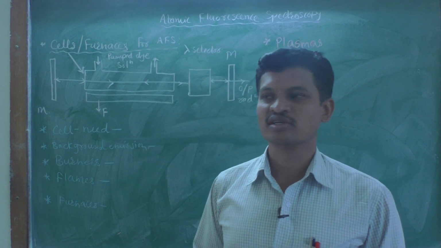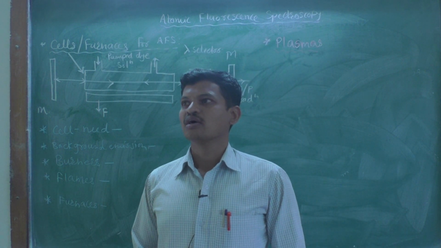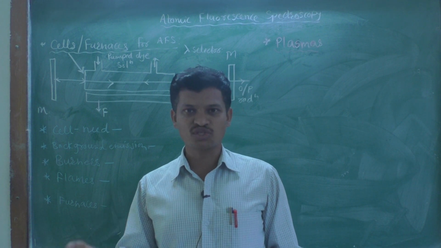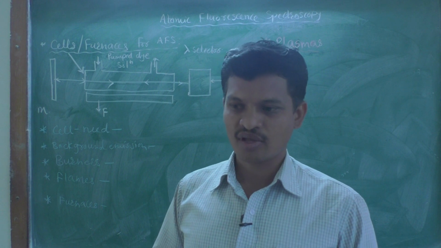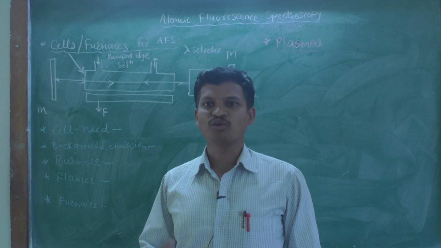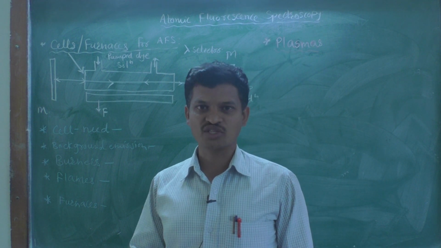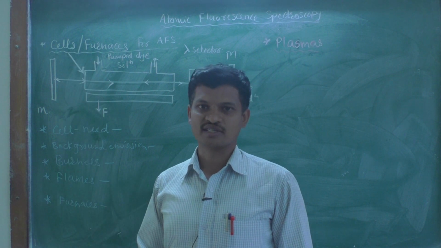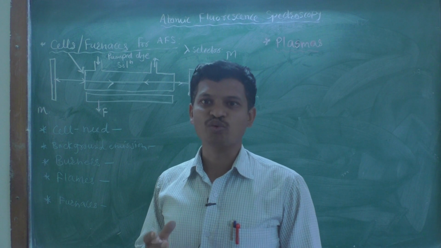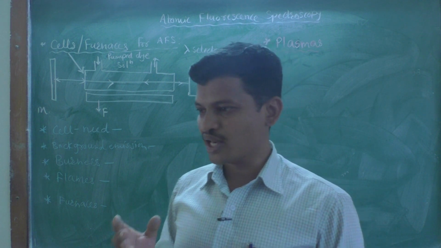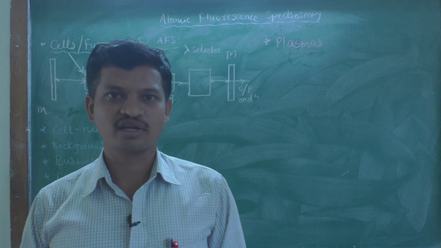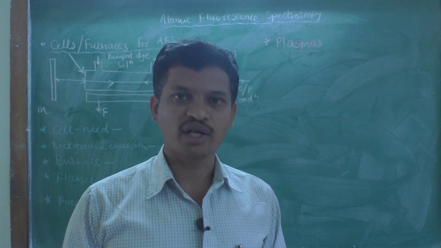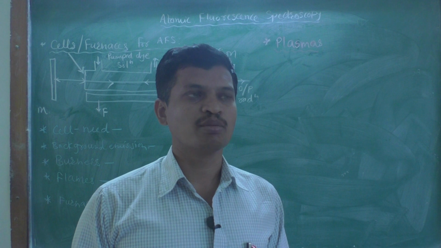We know that we can use either a line source or a continuous source for the excitation or ionization of the atoms from the ground state to their excited state. For this we need electromagnetic radiation in the form of a laser, hollow cathode lamp or plasma.